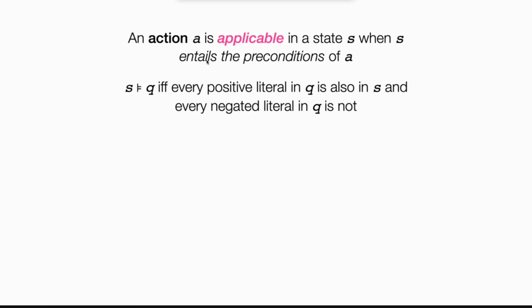So when we're doing our search, we have to know how to expand a state, how to generate the successors. And to do that, we check to see which actions are applicable. Which actions can I perform in which states? So an action is applicable when, the technical term is, the state entails or supports the preconditions. But that's simply saying, can I match the preconditions to the current state?